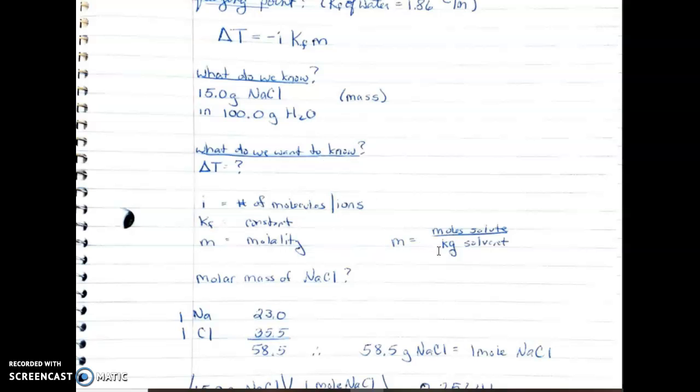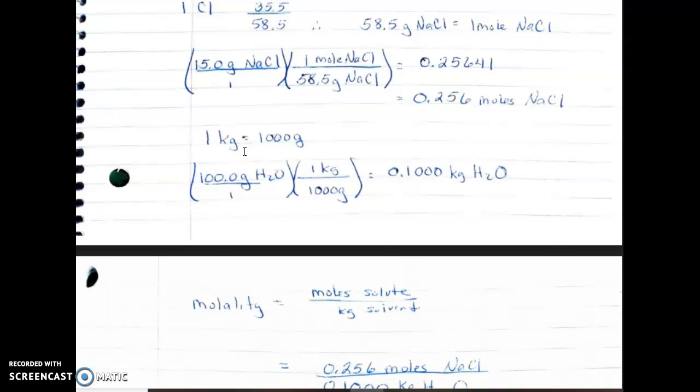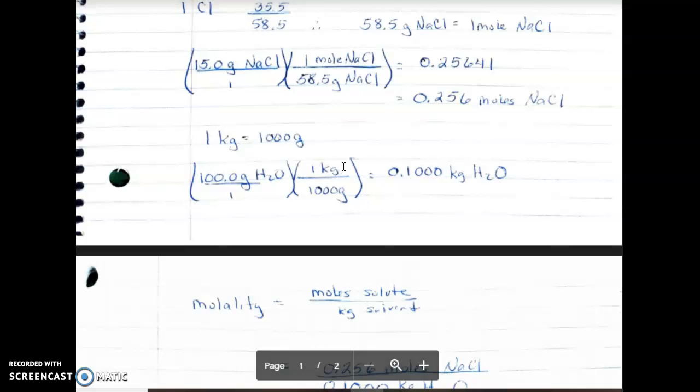What relationship do we know that relates grams and kilograms? So I know that for every 1 kilogram of substance, I have 1,000 grams of that substance. So this becomes my conversion factor. I start out with 100.0 grams of water, and I'm going to divide by 1,000 because I want my grams to cancel, leaving my kilograms.